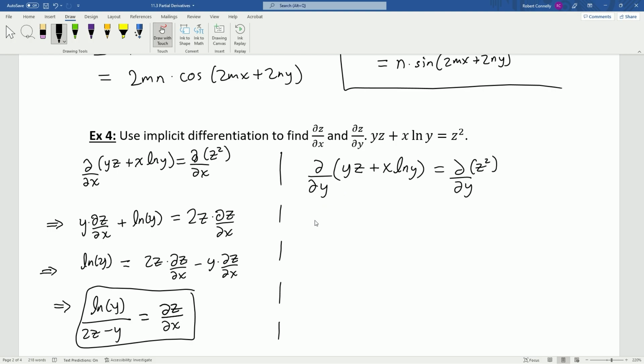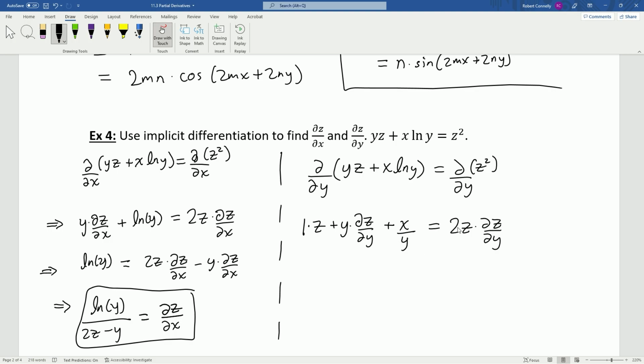So the derivative of y is going to be 1 times z plus y times the derivative of z with respect to y. Plus, and now this derivative here, we've got x times ln of y, so x is treated as a constant. So this is x times 1 over y, or x over y. And here we've got to apply the chain rule, and we get 2z times the partial of z with respect to y.